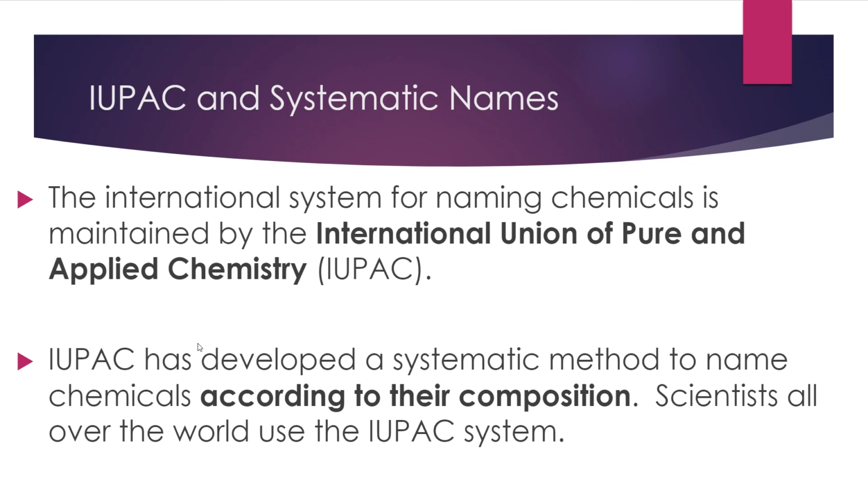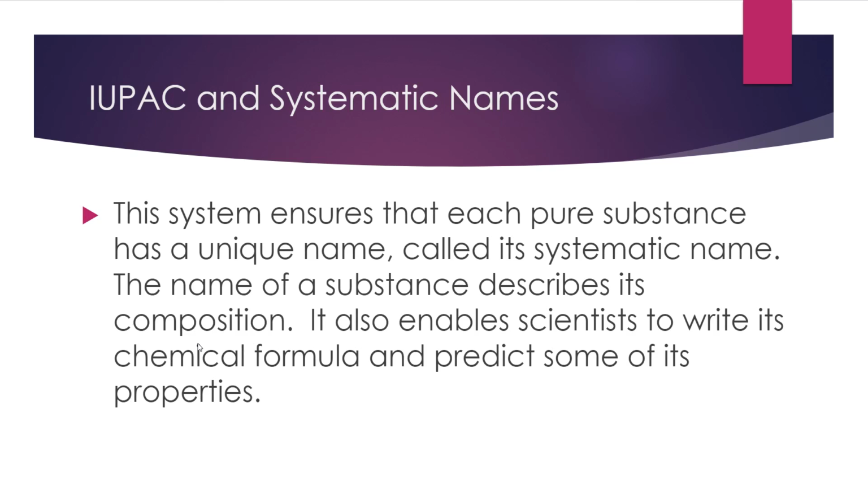Scientists all over the world use the IUPAC. This system ensures that each pure substance has a unique name, called its systematic name. The name of a substance describes its composition. It also enables scientists to write its chemical formula and predict some of its properties.